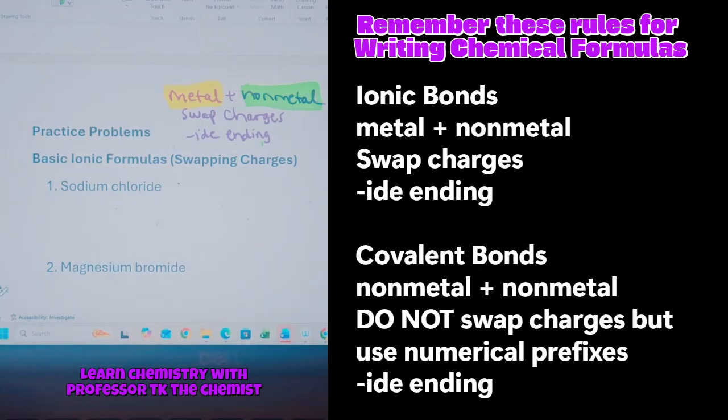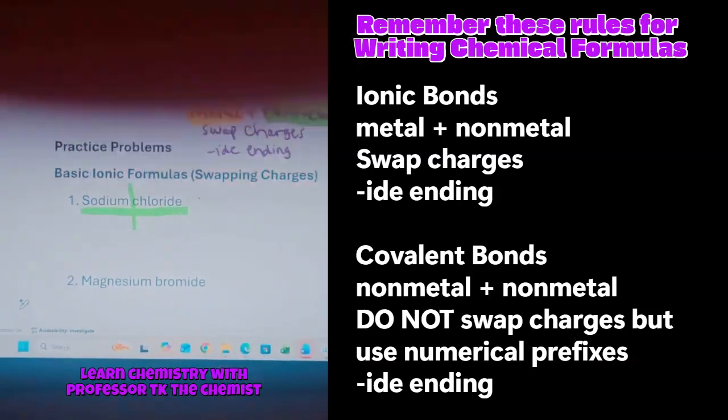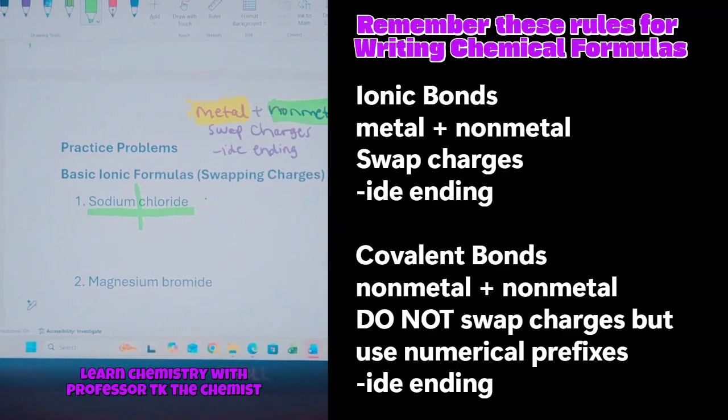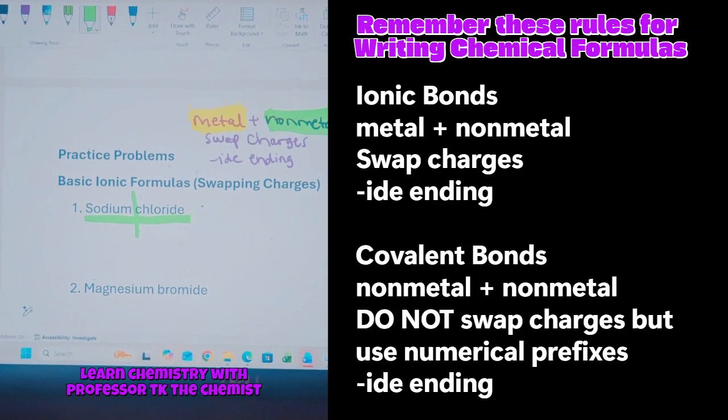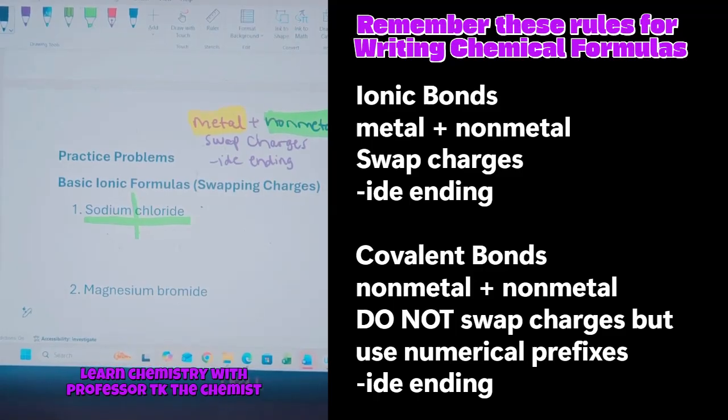Now, the first compound is sodium chloride. What you have to remember is that for the formula for sodium chloride, sodium has a +1 charge, and chlorine, which becomes chloride in a formula, has a -1 charge.